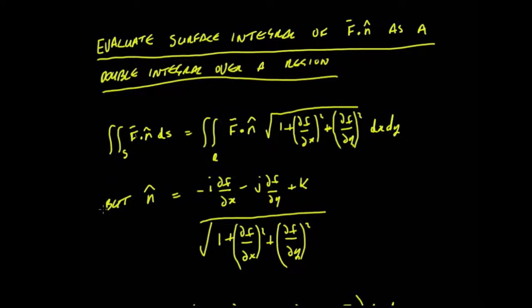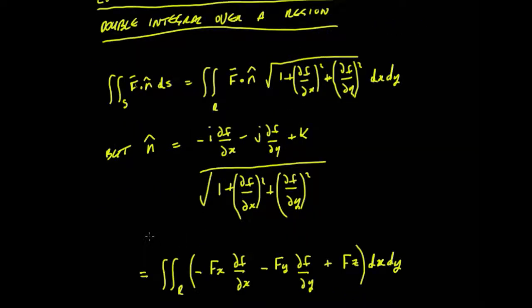But now we note that again the normal component can be written in this form, as derived in the previous video. So now we can take this and replace the n with this here. But then all of this here cancels with all of this here.